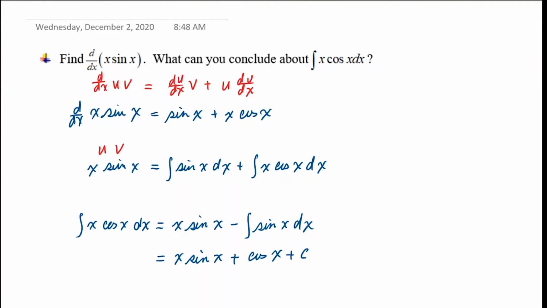The x is u and sine x is v, and that is equal to the integral of, let me write it a little differently, v du/dx dx, plus the integral of u dv/dx dx. You with me?